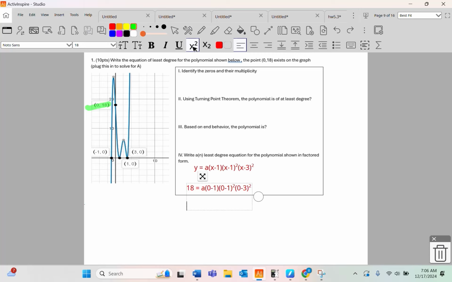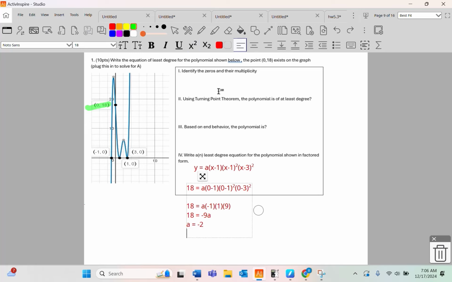So 18 equals a times -1, because 0 minus 1 is -1, times 1, because -1 squared is 1, times 9, because 0 minus 3 is -3, and -3 squared is 9. That gives me that 18 is equal to -9a, which means a is -2.